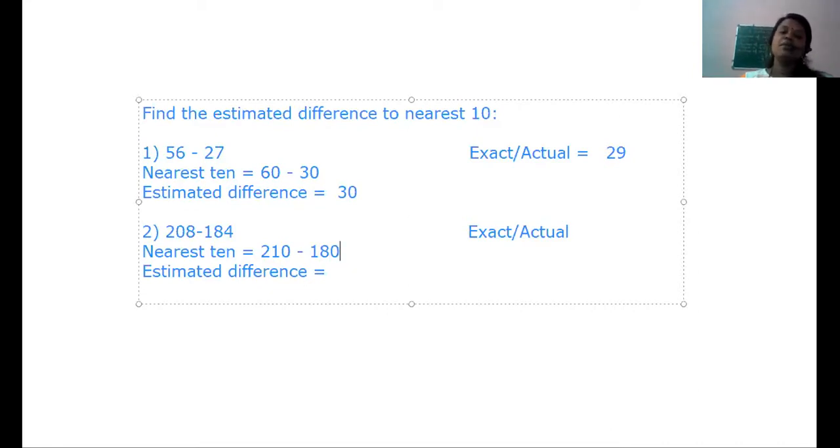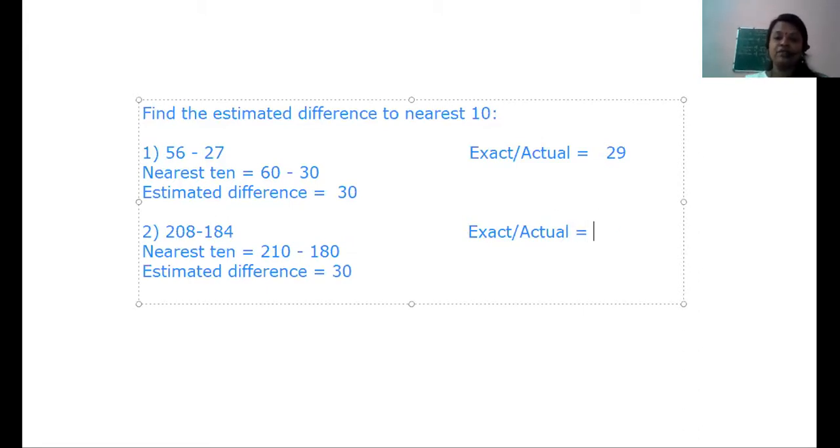The reason is that the number after 8 is less than 5, so it will remain the same. So 210 minus 180. When you subtract, you could note that the answer comes to 30 again. So you know that the difference is estimated or approximate.